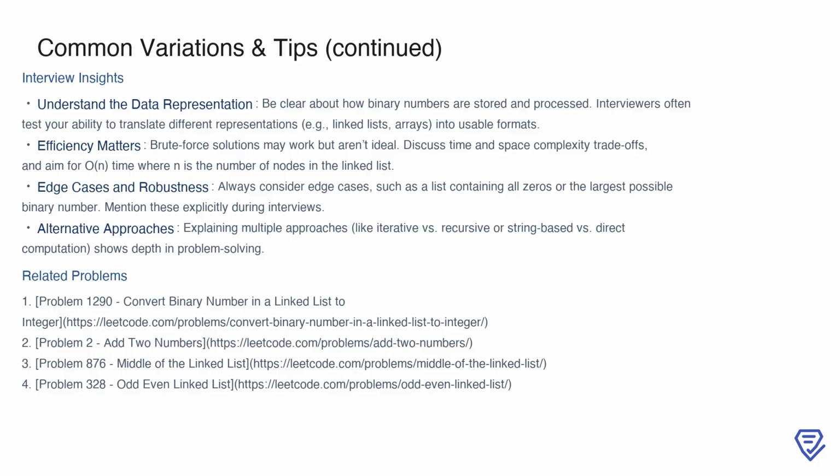Aim for an O(n) solution, where n is the number of nodes in the linked list, and discuss the trade-offs in time and space complexity. Don't forget edge cases, such as lists with all zeros or those representing the largest binary numbers, as mentioning these explicitly shows thoroughness. Finally, discussing alternative approaches such as iterative versus recursive solutions or string-based versus direct computation can demonstrate depth in your problem-solving skills.